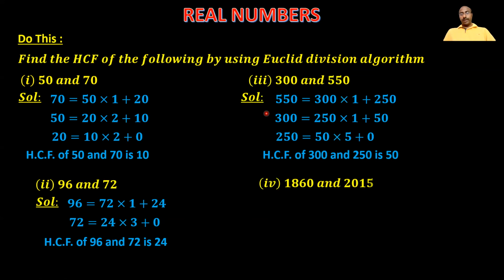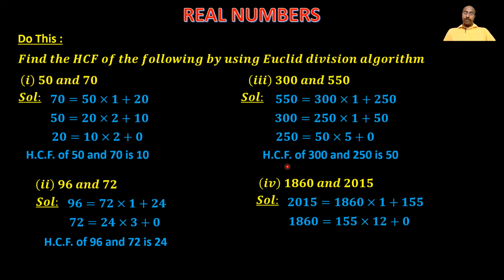Okay. So fourth one, 1860 and 2015. So here also 2015 is equal to 1860 into 1 plus 155, and 1860 is equal to 155 into 12 plus 0. So the HCF of the given numbers is 155.